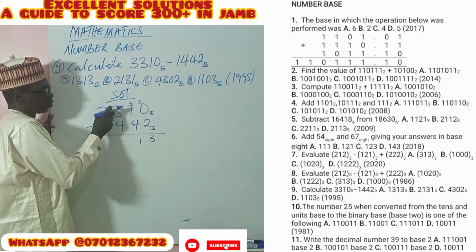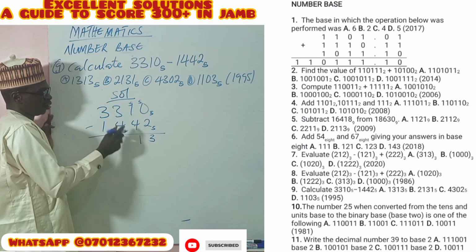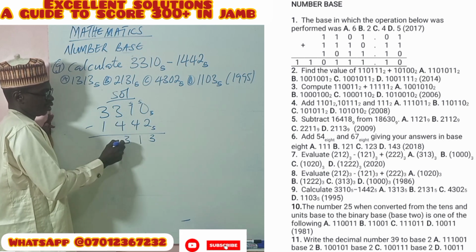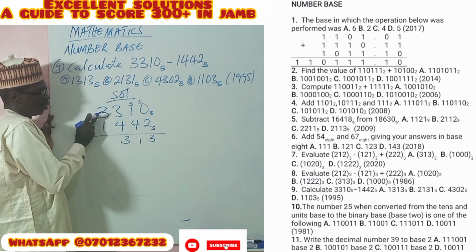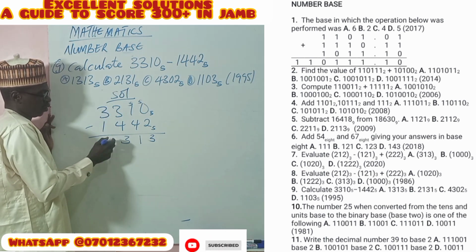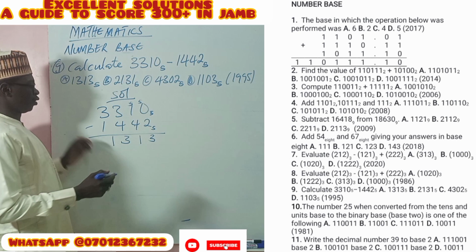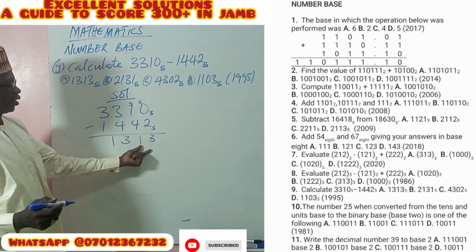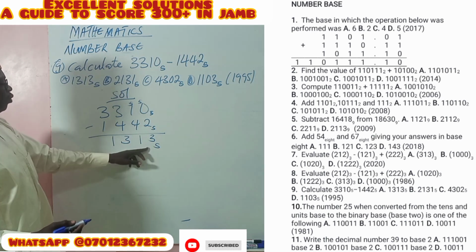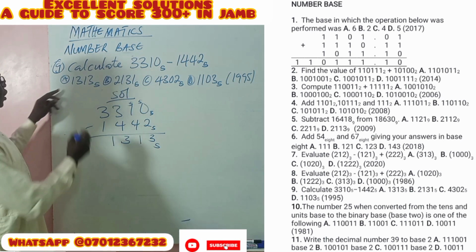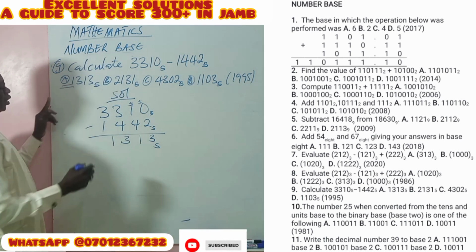So we are now subtracting 4 from 7, and this gives us 3. So here we are left with 2. 2 in base 5 minus 1 in base 5, we have 1. So the answer will be 1313 base 5. And if you look at it, in option A we have 1313 base 5.